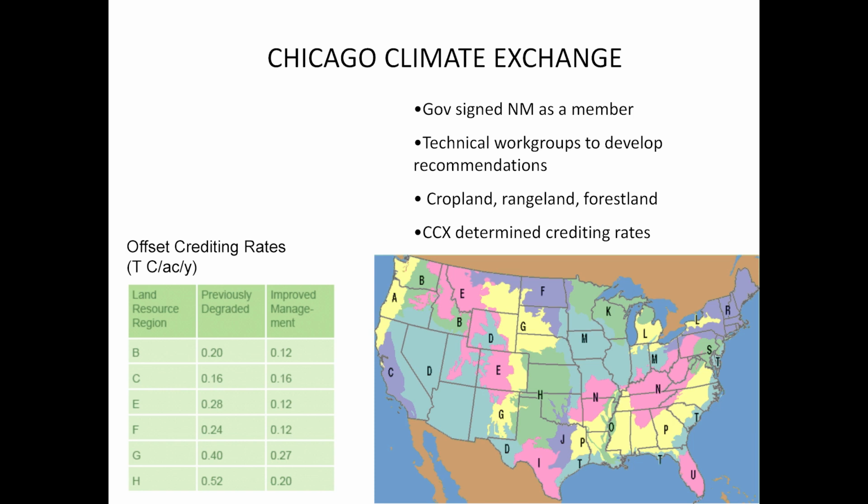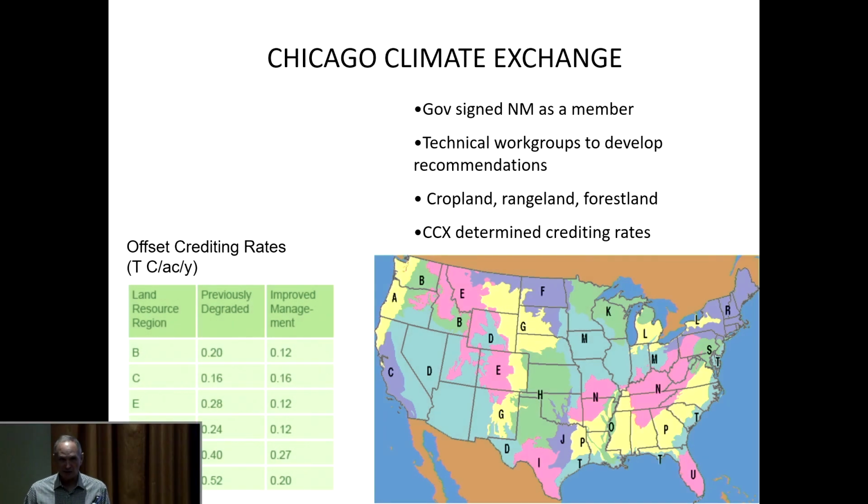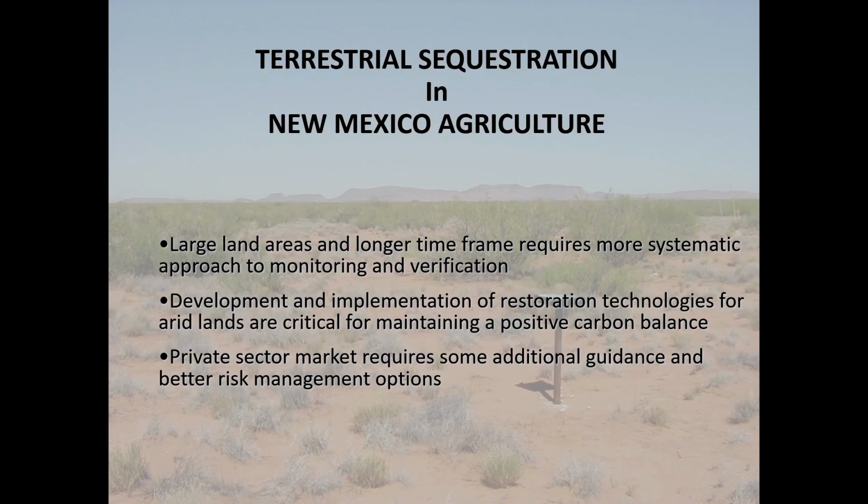They did pretty well. They did what they were supposed to. They got the money they were supposed to. When it was all over, the folks at the Chicago Climate Exchange said, we don't think we can handle this. It's too risky and we don't have a place to go with the risk other than a huge portfolio.